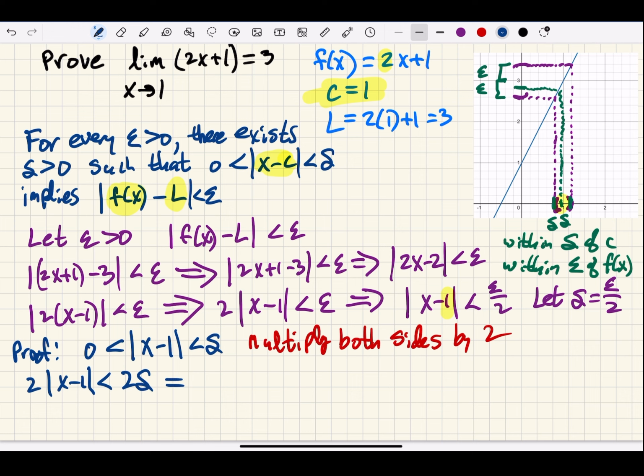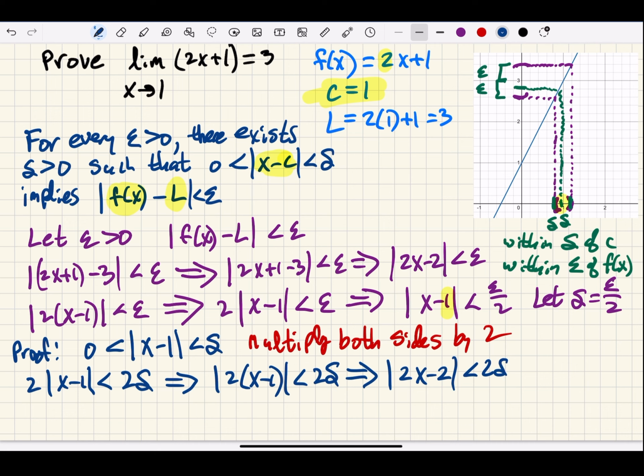Now this would imply that the absolute value of 2 times x minus 1 is less than 2 delta. In other words, we can pass the 2 inside of the absolute values. It's a positive number, so it's not making any difference. This would imply that the absolute value of 2x minus 2, just multiplying that out on the inside, is less than 2 delta.